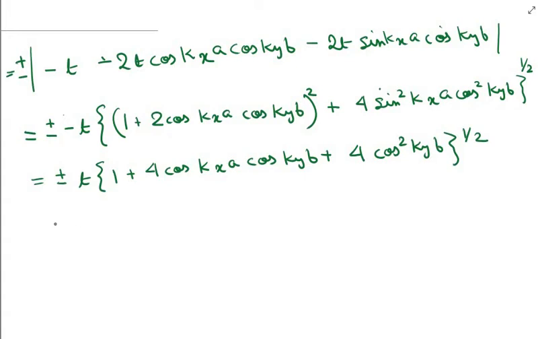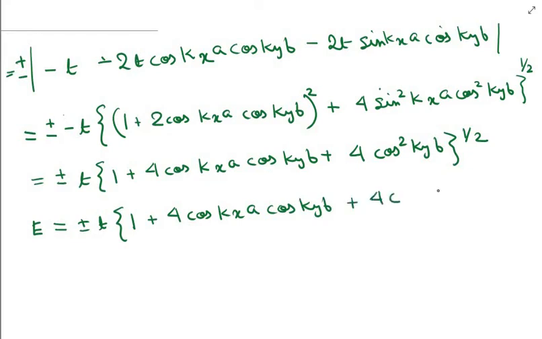So this is our expression for eigenenergy: E is equal to plus minus t root over 1 plus 4 cos kxa cos kyb plus 4 cos square kyb, whole to the power half.